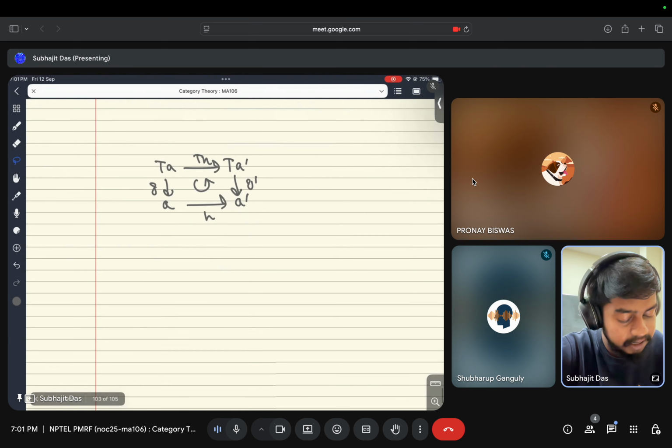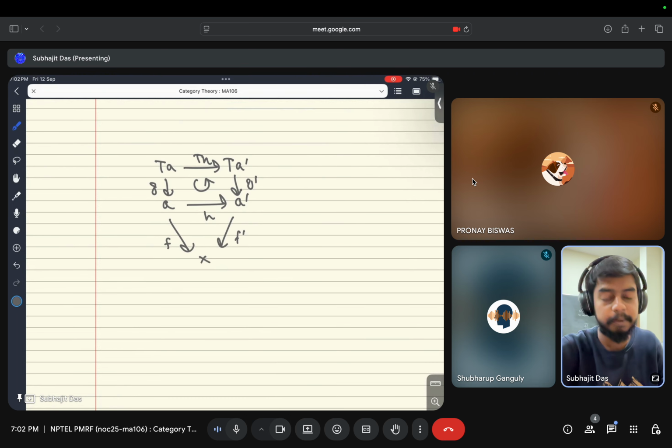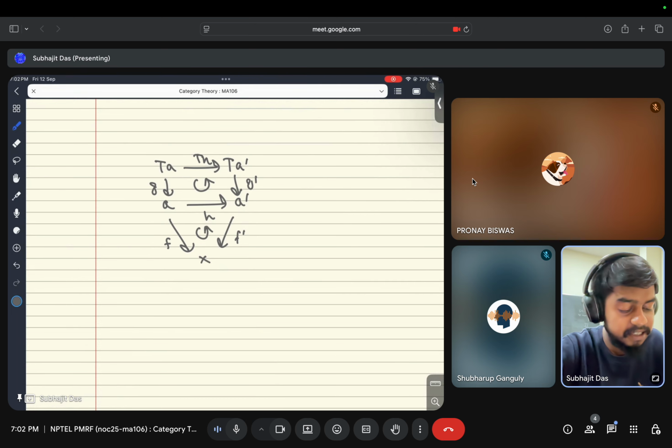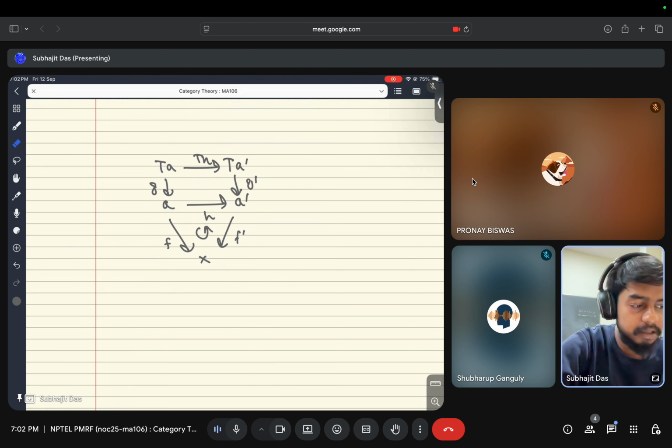So we have this diagram. Let's extend it by using all the information that we know about H. H is an isomorphism which makes this commute. Can we say something now that the upper square should also commute? We don't know if the entire diagram commutes. We don't really know if this upper square commutes. We want to show that the upper square commutes. How do you show this?